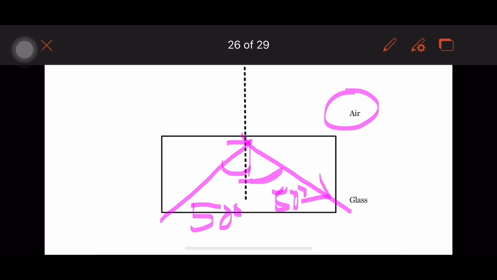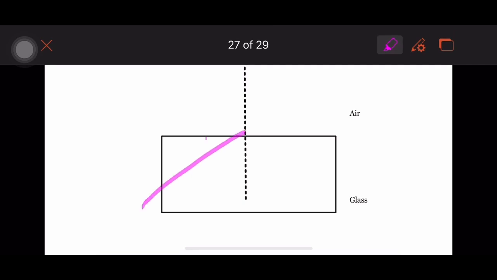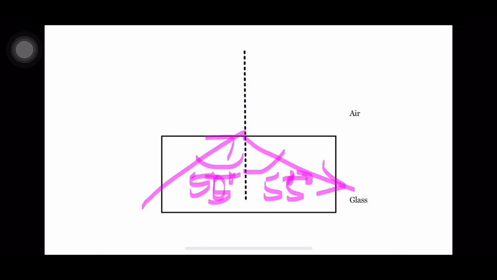And if we are going to use 55 degrees, the same thing will happen. Instead of being refracted, it will be reflected internally, and then it will be 55 degrees also in that medium itself.